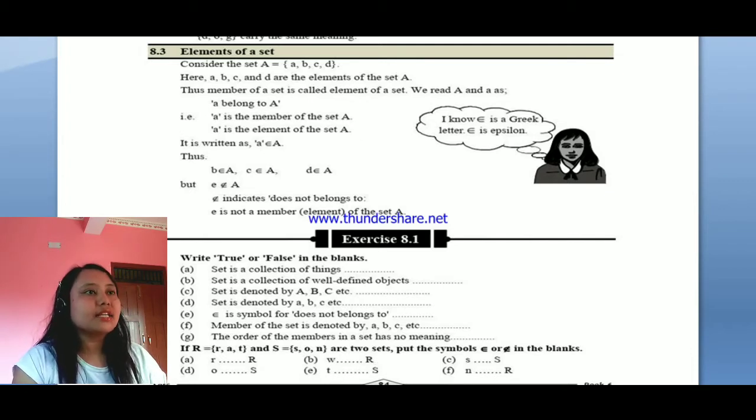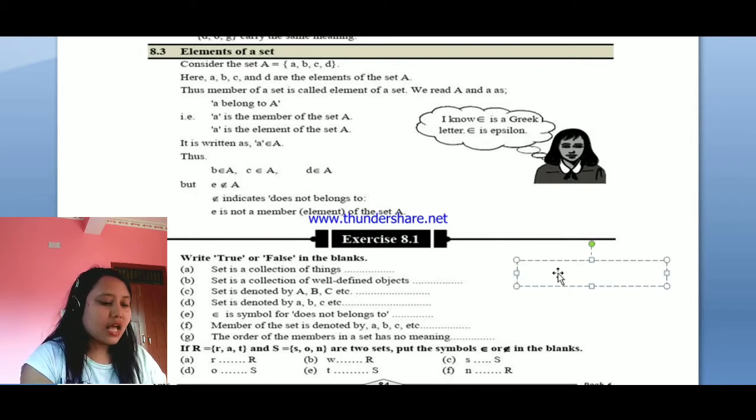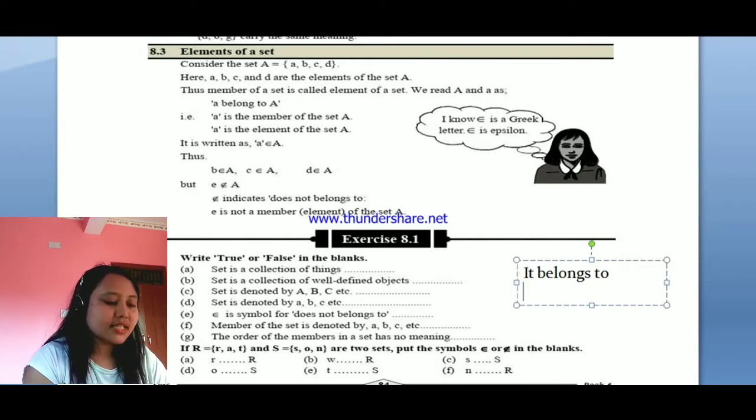So what does it mean? If there is an epsilon sign, then we will say that it belongs to. That's it. And if there is epsilon naught, then it doesn't belong to.